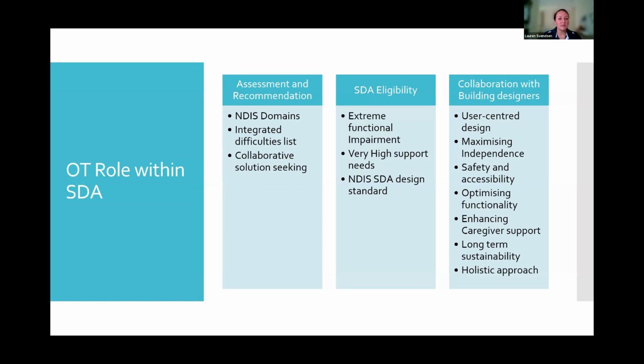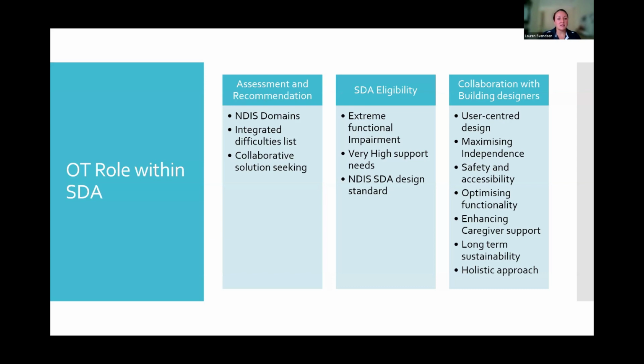Once we've completed that comprehensive assessment, we then look at collaborative solution seeking, within the NDIS space as well as with the families and the people with disabilities. We then have to prove to the NDIS SDA eligibility.